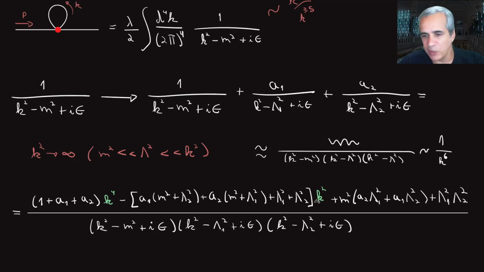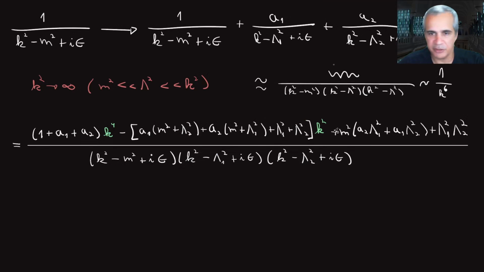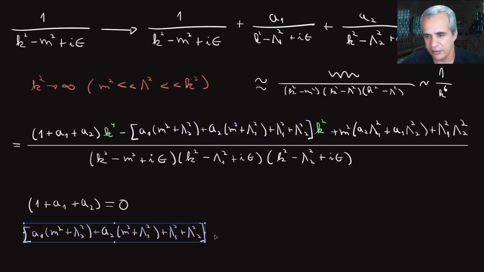So I have 2 conditions here. Happily for me, I have freedom here because I didn't choose the A's, and I can make a smart choice. To get rid of the k to the 4th, I just have to say that this coefficient is 0, which is one of the conditions. If I want to get rid of k squared, then this one needs to be 0.